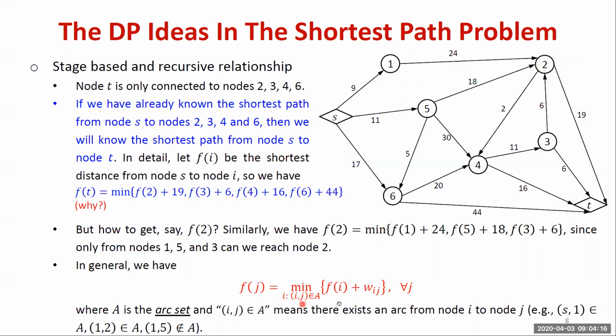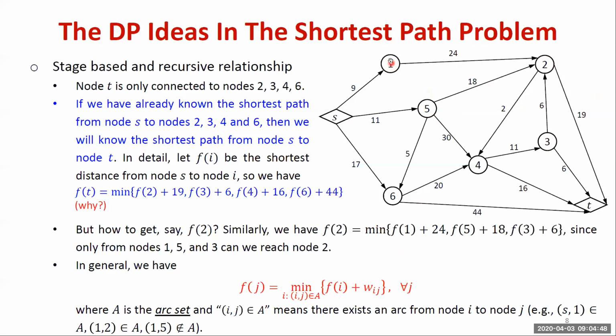So here, this formulation becomes j equals 2, so that you have i as a selection from the set where i2 is in A. This means the i are 1 or 5 or 3. And then you're going to calculate, for example, f1 plus 24, comma, f5 plus 18, comma, f3 plus 6, the minimization of them. And then you're going to choose the minimum.